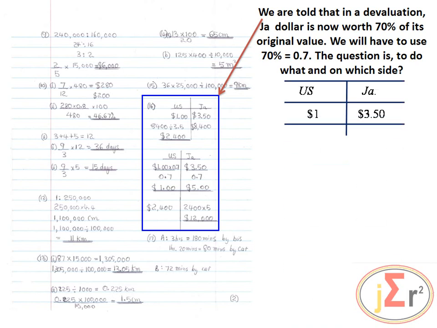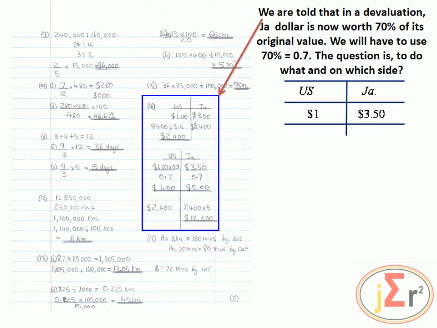So there we have the old exchange rate, and we are told that the Jamaican currency is now worth 0.7 or 70%. No problem, seeing that 70% is actually 0.7. 70% is 70 divided by 100, and we will reduce 70 by 2 places of decimal, and we will result in 0.7.